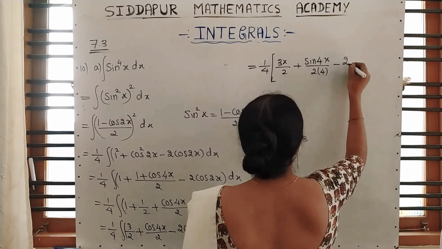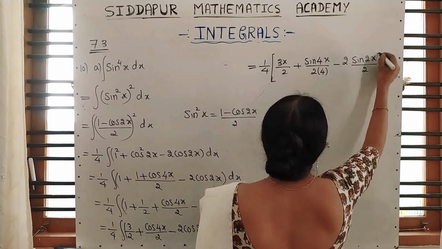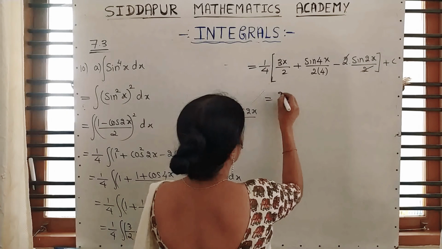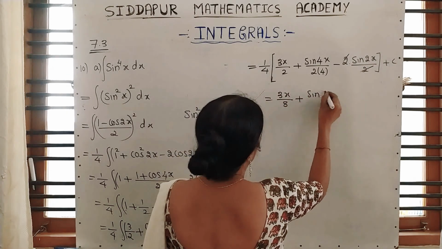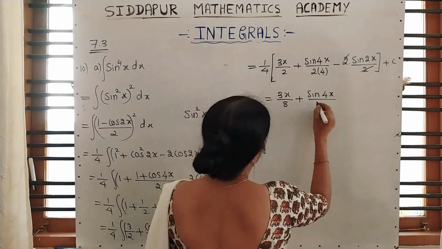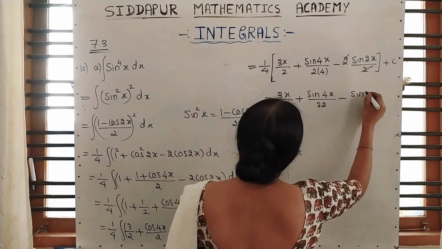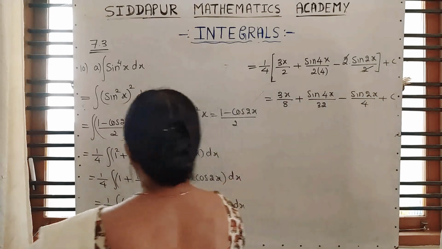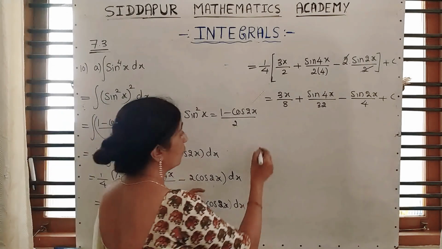Minus 2 into integration of cos 2x, which is sin 2x divided by 2. This 2 and this 2 get cancelled. 3x divided by 8 plus sin 4x upon 32 minus sin 2x divided by 4. So this is how question number 10th A, sin raised to 4.